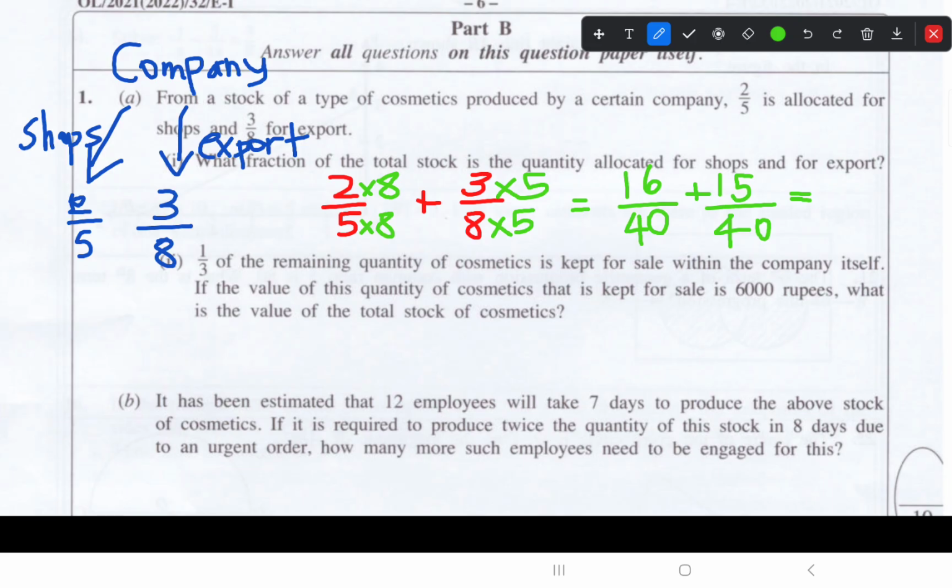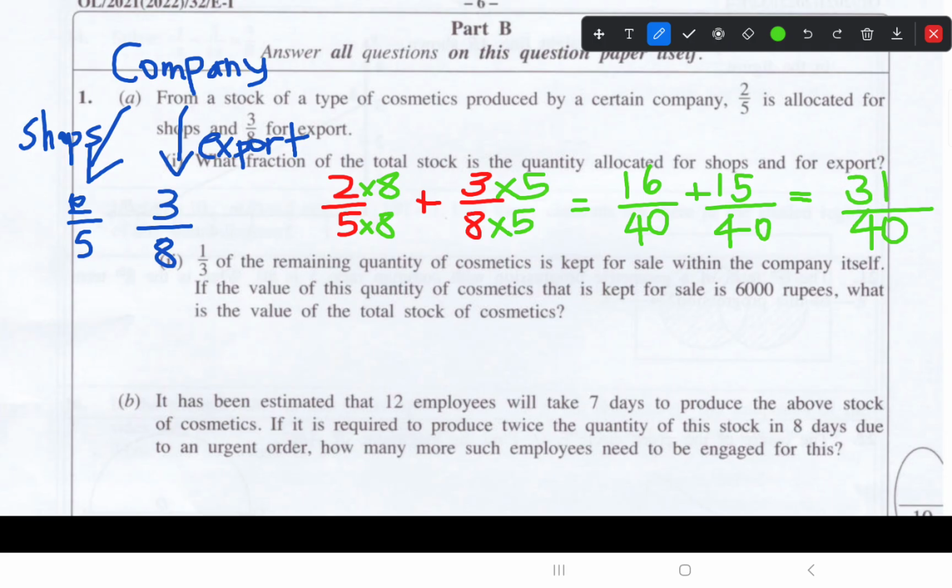That's why I multiplied to get the equivalent fractions. 16 upon 40 added with 15 upon 40. Then we can add, as the denominator is the same, 40. For the numerator, 16 plus 15 is 31.